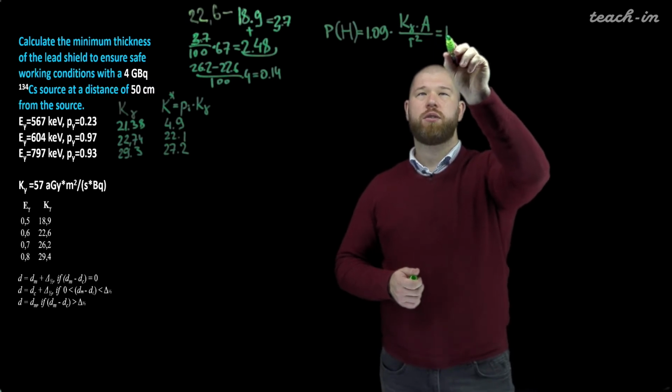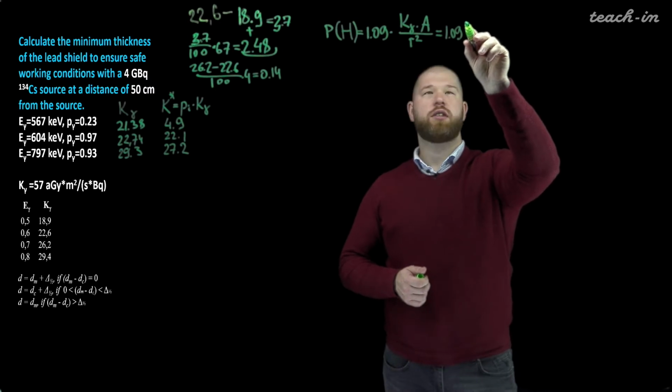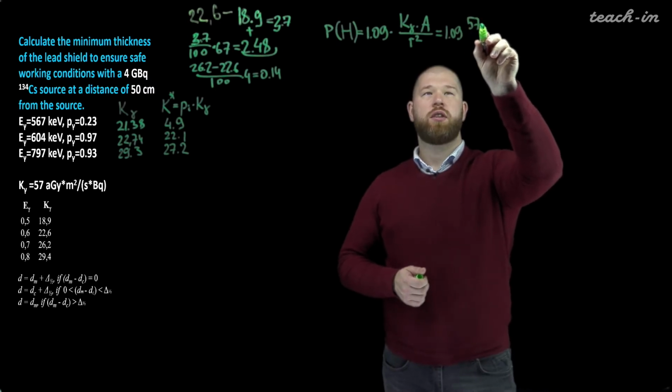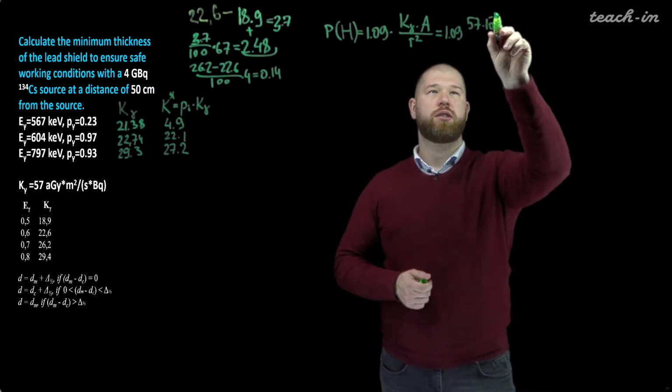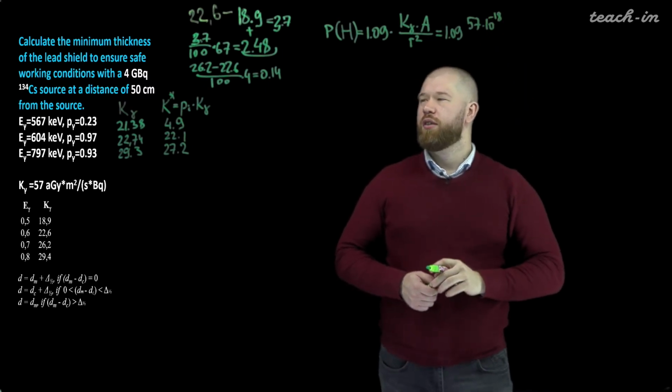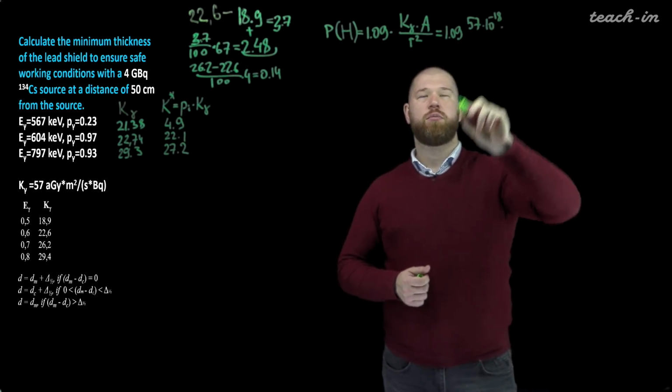And we simply put in all these numbers. Gamma in this case is 57. Remember that atto means 10 to minus 18 gray per square meter per second per becquerel.